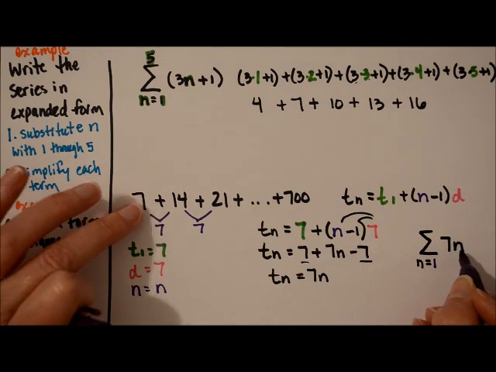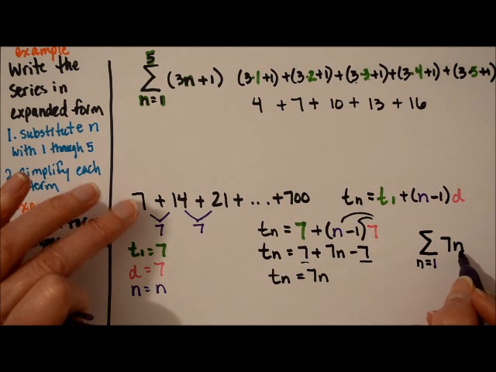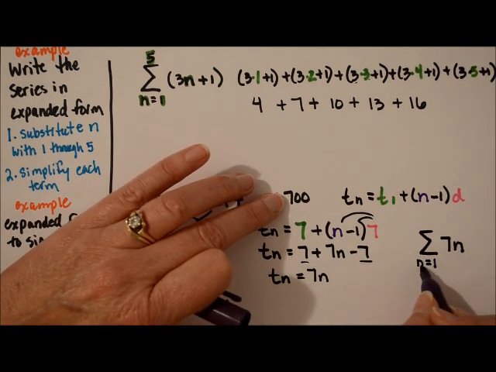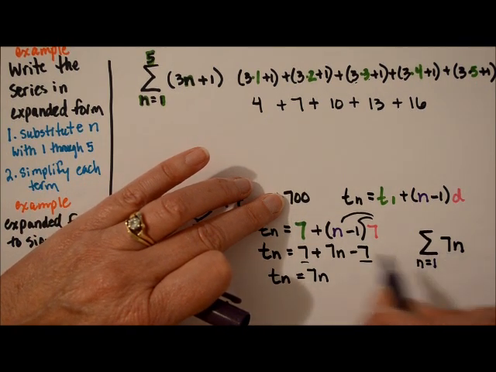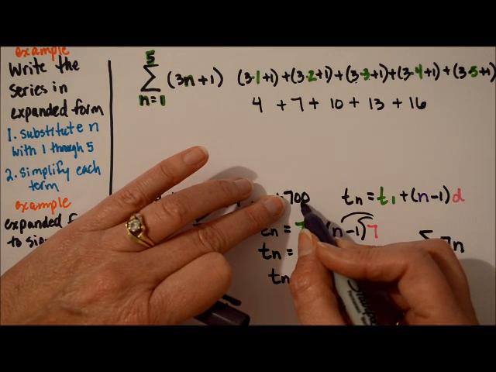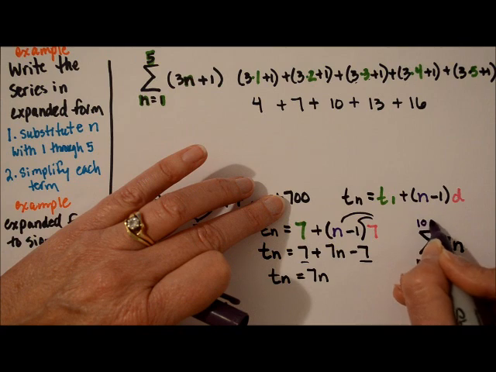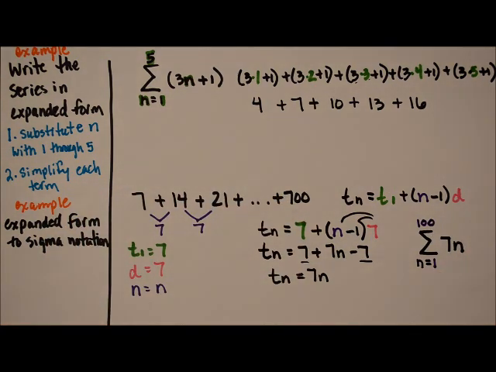Because 7n, if I multiply by 1, would give me 7. Well, it's the same thought process over here. 7 times what gives me 700? Oh, it's 100. So it's going to go from 1 to 100. And that is my sigma notation. That is what I'm looking for.